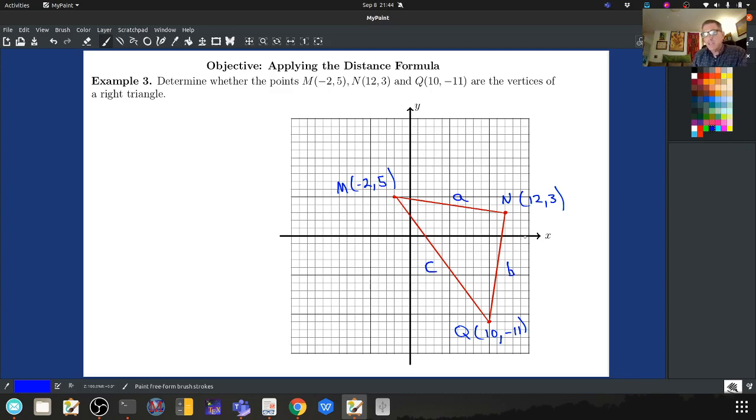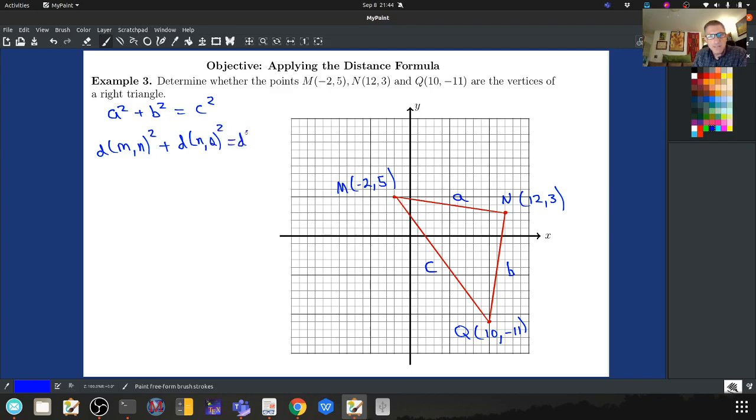So this is actually a right triangle if and only if A squared plus B squared is equal to C squared. But what is A? A is the distance between M and N, and we're going to square that. And what is B? It's the distance between N and Q, and it's going to be squared. And what is C?